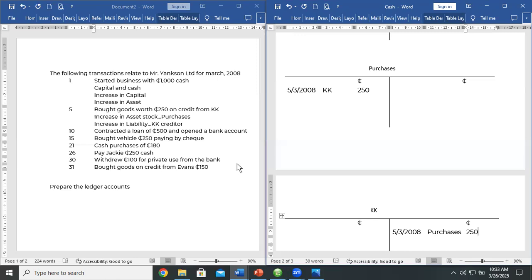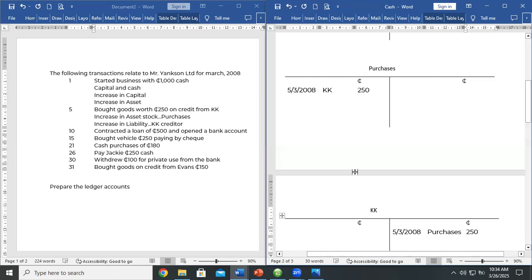The 10th March transaction says contracted a loan and opened the bank account. So the business went for a loan and put the money in a bank account. So what is going to happen? What two accounts are we seeing here? Because of time, let me be fast. Portia, go ahead.